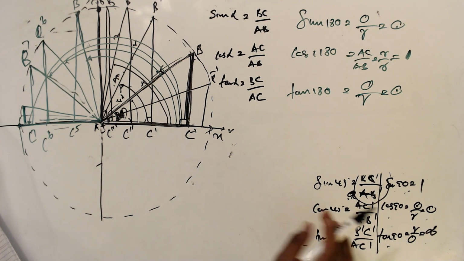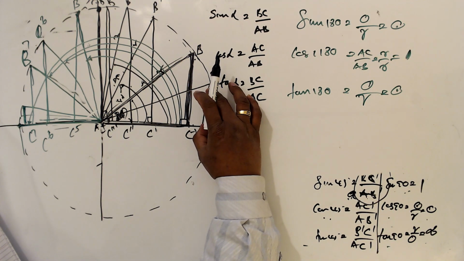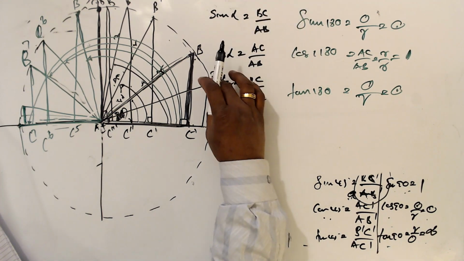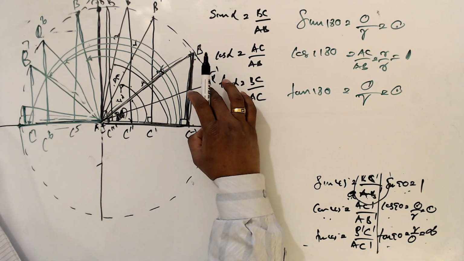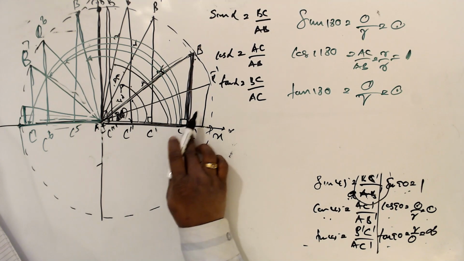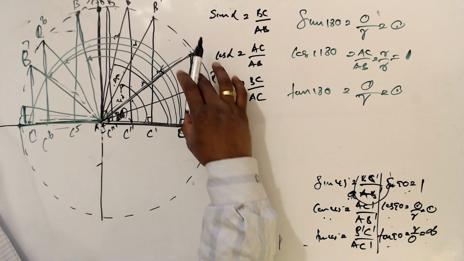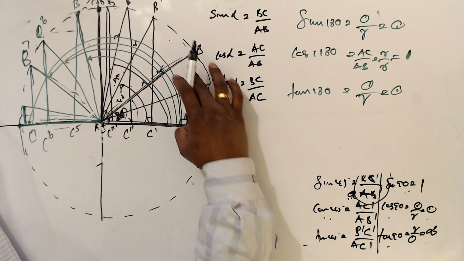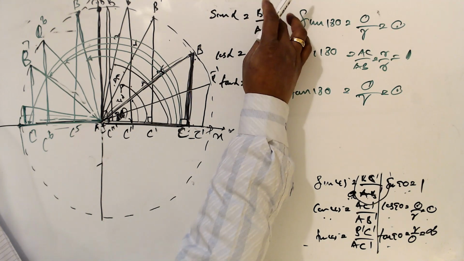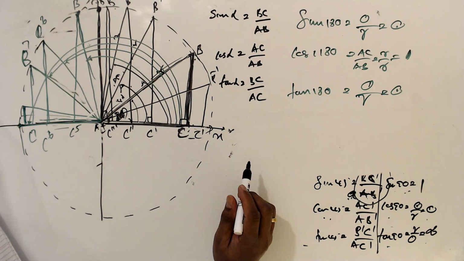It means the sine ratio is getting smaller, because this height is related to sine. So this BC value is getting smaller. BC means opposite, and the opposite getting smaller means the sine value is getting smaller.